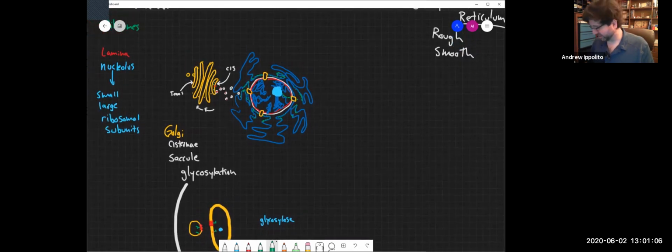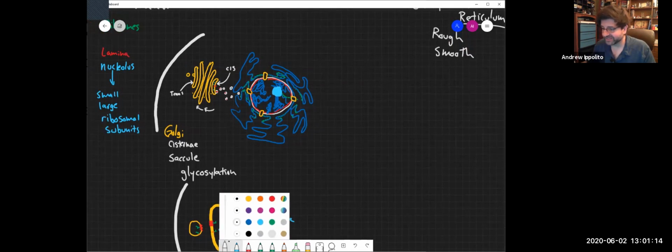So collectively, if I now add to the cell right here, that's the cell's plasma membrane. So I'm just gonna very quickly mention the next organelle for the sake of continuity here. I'll make him orange.